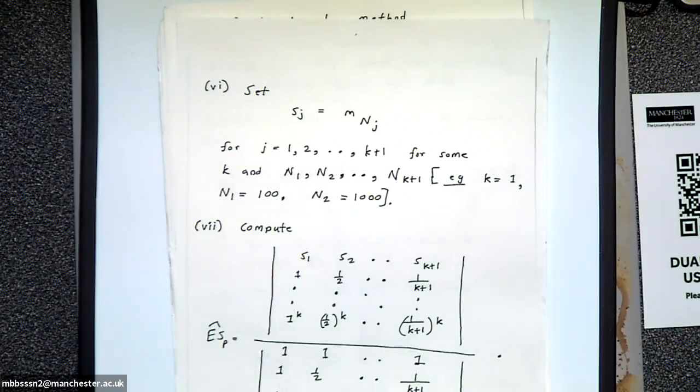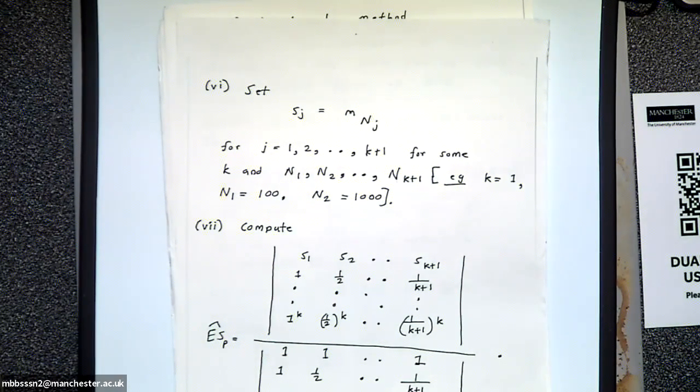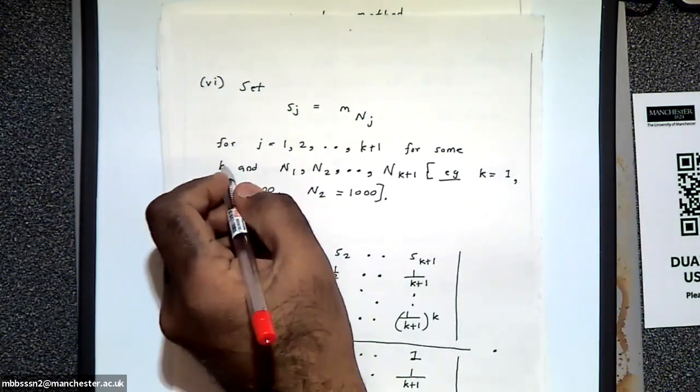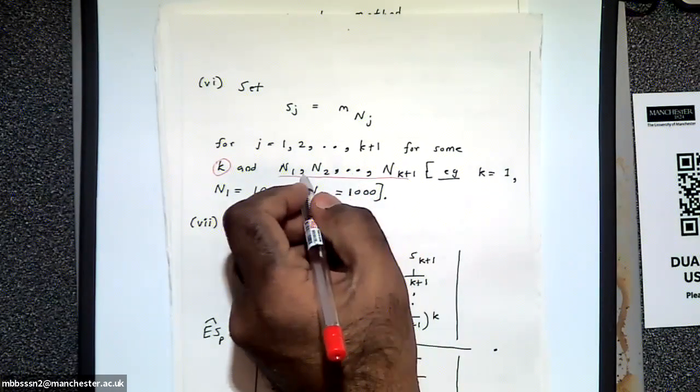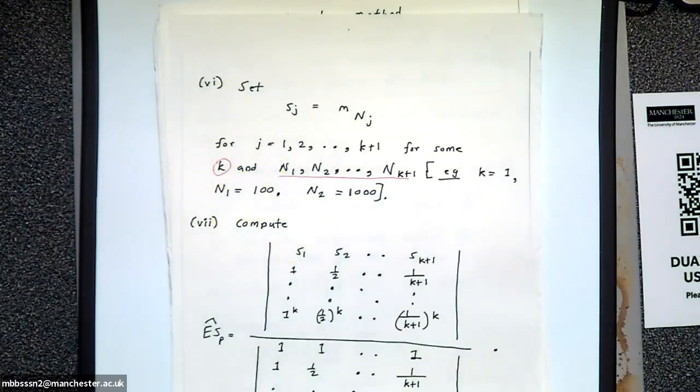So you pick a value for k, and then you pick some values for n1, n2 up to n subscript k plus 1. It could be like 100, 200 up to say 1,000, or it could be 1,000, 2,000 up to say 10,000. That really doesn't matter.